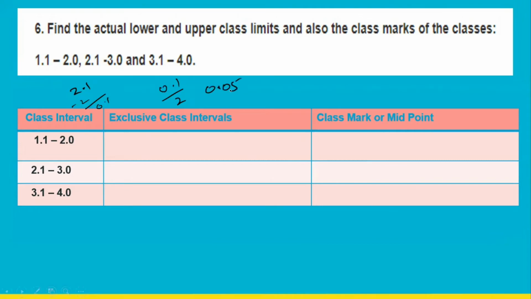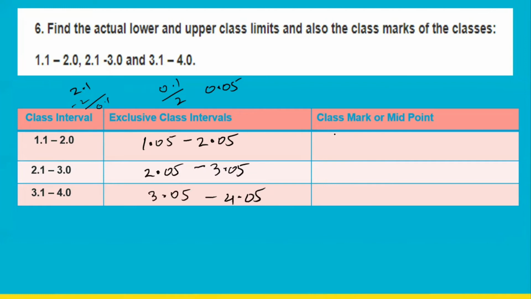So the adjustment factor here is going to be 0.05. So we subtract 0.05 from the lower limit and add 0.05 to the upper limit. So subtracting 0.05 from 1.1, we get 1.05 to 2.05. Now this is going to be 2.05 to 3.05, and this is going to be 3.05 to 4.05.